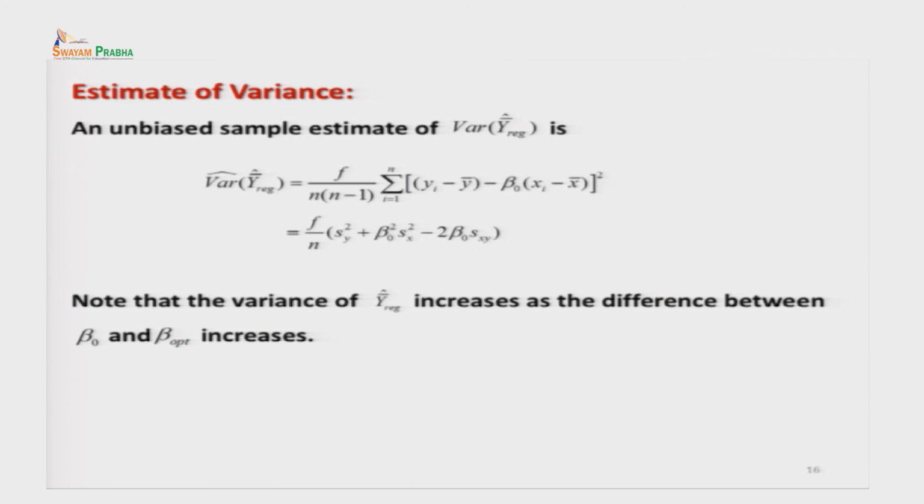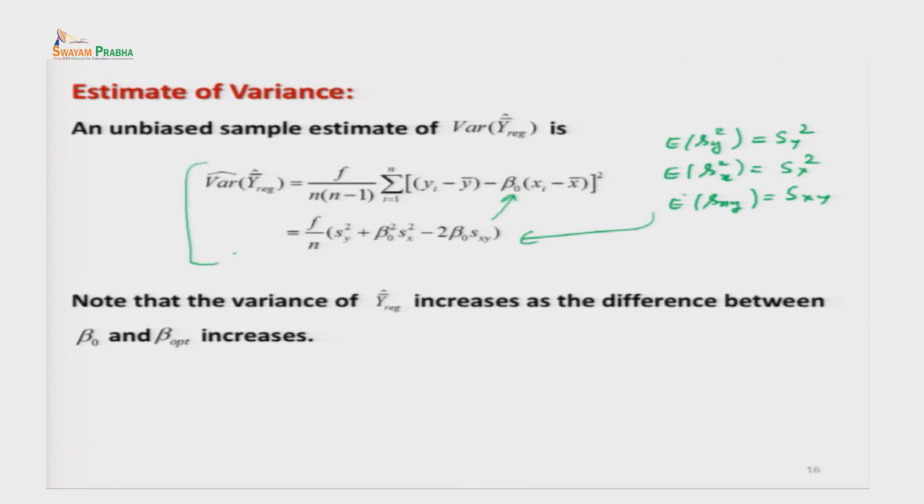Now, if you substitute the sample values for the population values, because we have used simple random sampling, the expected value of small sy square will be equal to capital Sy square, the expected value of small sx square will be capital Sx square, and the expected value of small sxy will be capital Sxy. If you substitute all the respective values and simplify this expression, you can get an unbiased estimator of the variance of the regression estimator like this one.